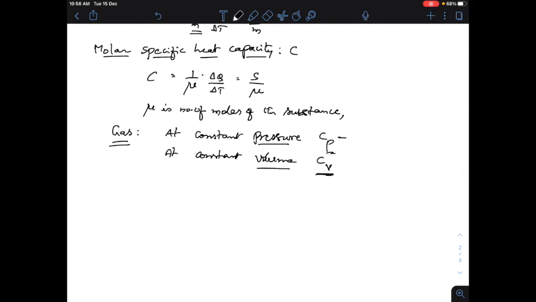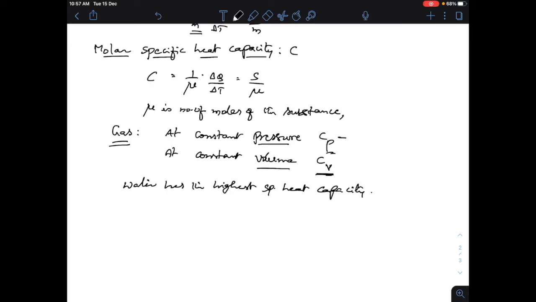Water has the highest specific heat capacity compared to other substances.